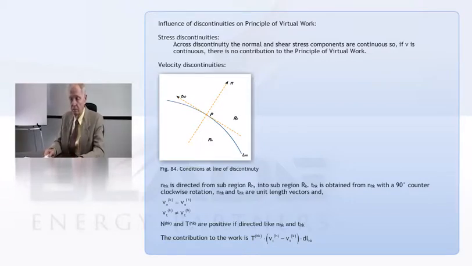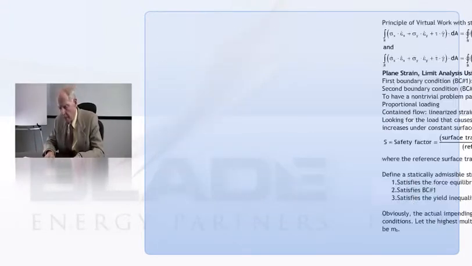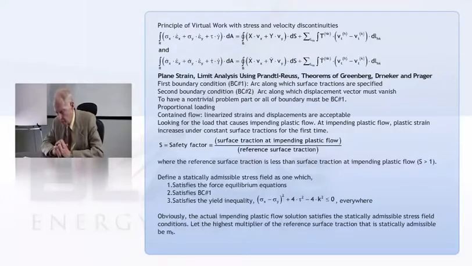And we'll see how that's done. I mean, this is very straightforward. So if we go to the next slide, the principle of virtual work, both in its original form with the stresses and strain rates, as well as with the stress rates and the strain rates, are shown at the top of the page.